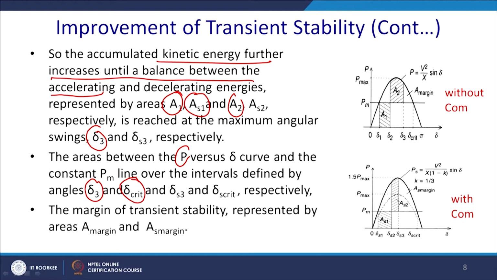So, you can see that there is a huge margin here with the compensation. The margin of the transient stability is represented by A margin without compensation, this one, and AS margin with compensation. So, this area is AS margin. We can see that it has enhanced the transient stability.